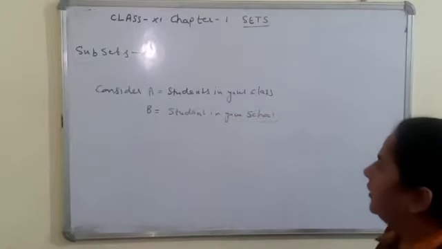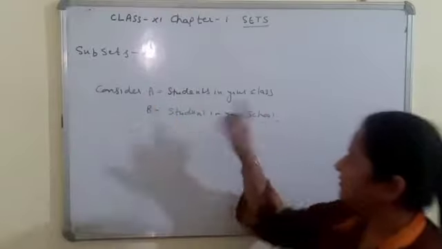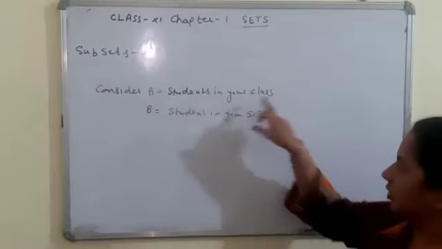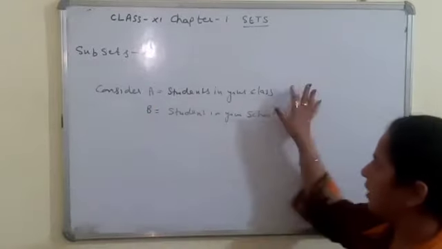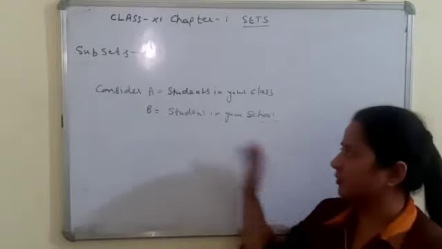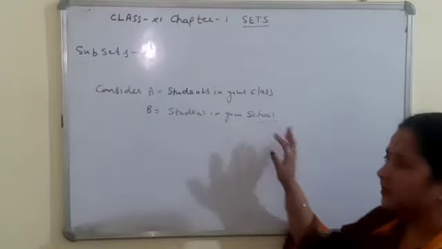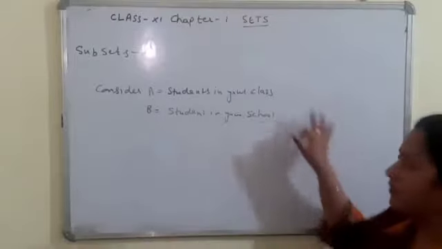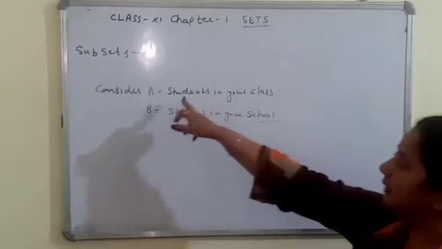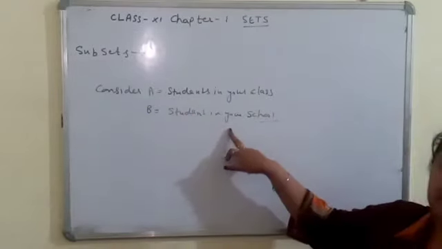Here I am writing set A. Set A has the students in your classroom. Suppose you are in +1 science, and A is the number of students in +1 science. And B is the set of students in your school. From these two sets you can understand that A is a subset of set B.